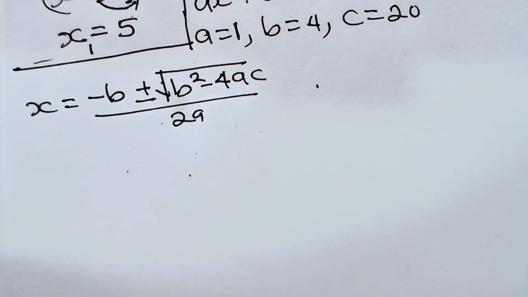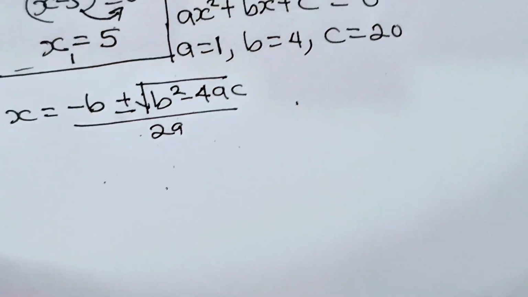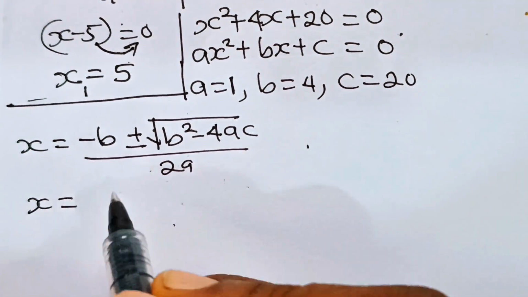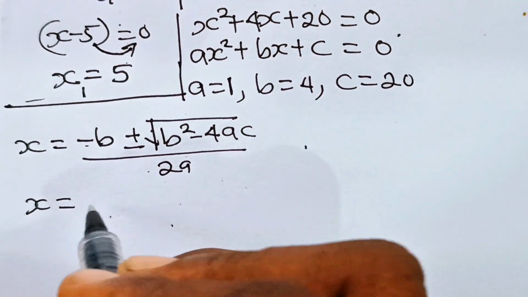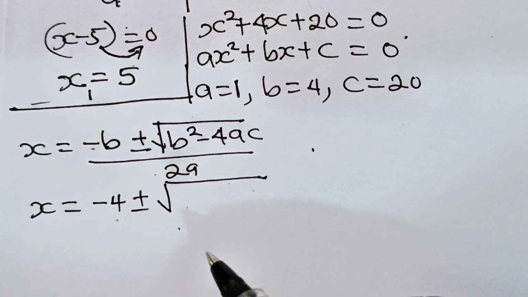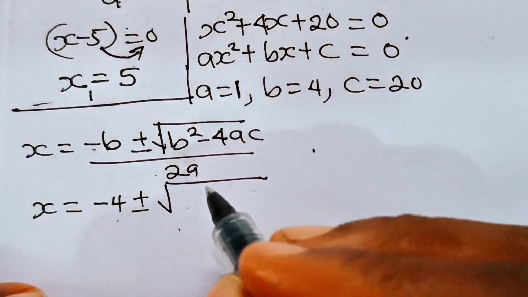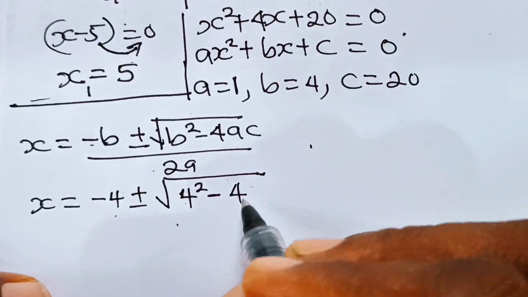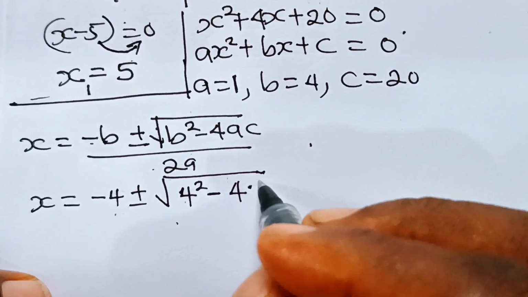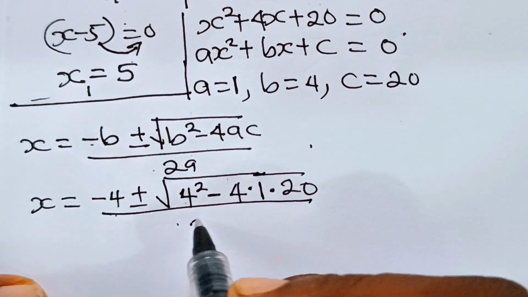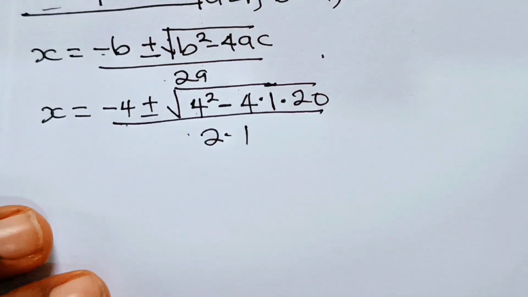So that means that we can solve for x to be equal to minus b, that is minus 4, plus or minus the square root of b squared, that is 4 squared, minus 4ac, 4 multiplied by, our a is 1, our c is 20. Now everything divided by 2 multiplied by 1.